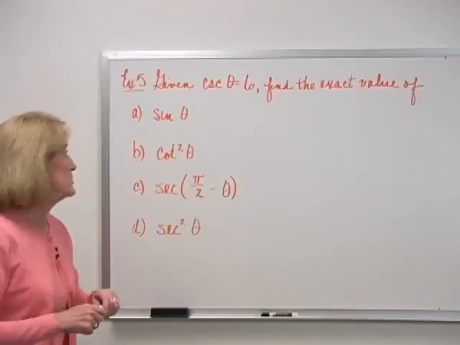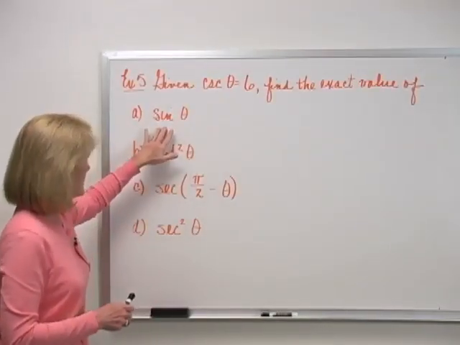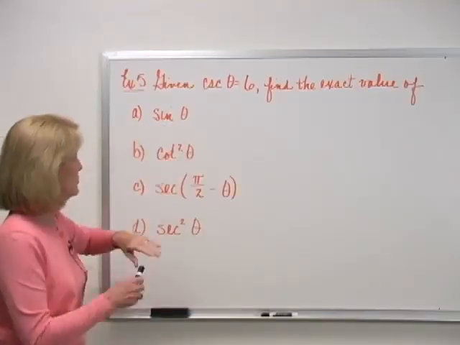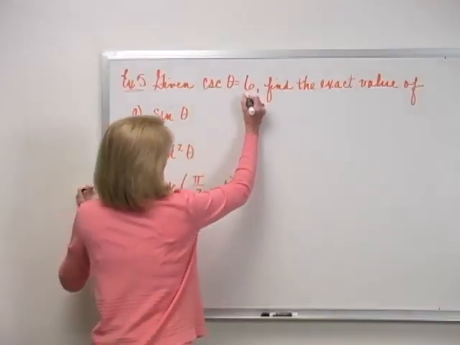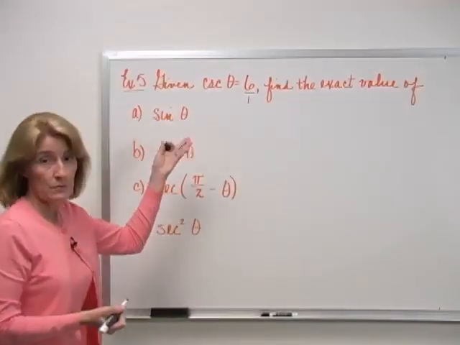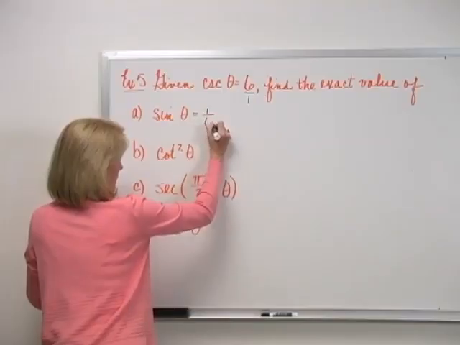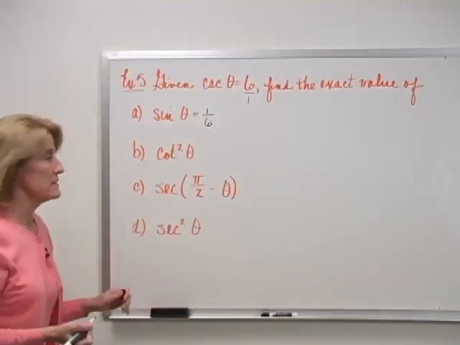So we go for what's most efficient. Well, let's see. The cosecant and the sine are related. They are reciprocals. This 6 is a whole number. It has a denominator of 1. The reciprocal of that would be 1/6. So the sine of theta is 1/6.